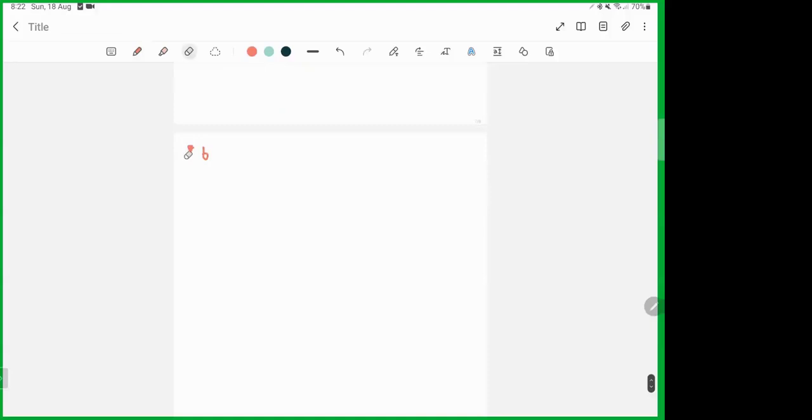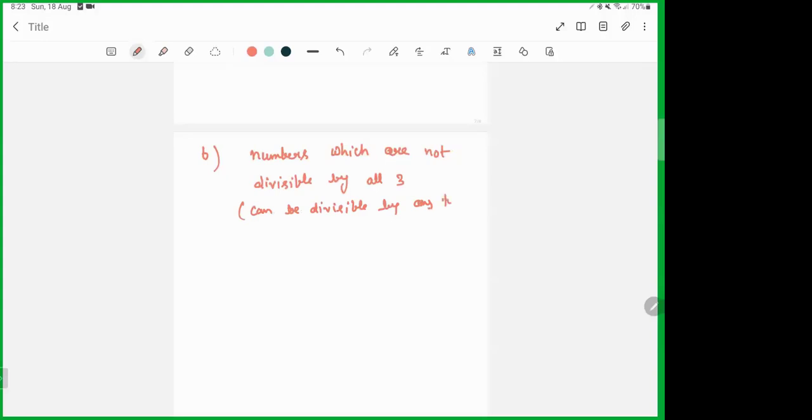The B part is saying numbers which are not divisible by all three, can be divisible by any two of them.